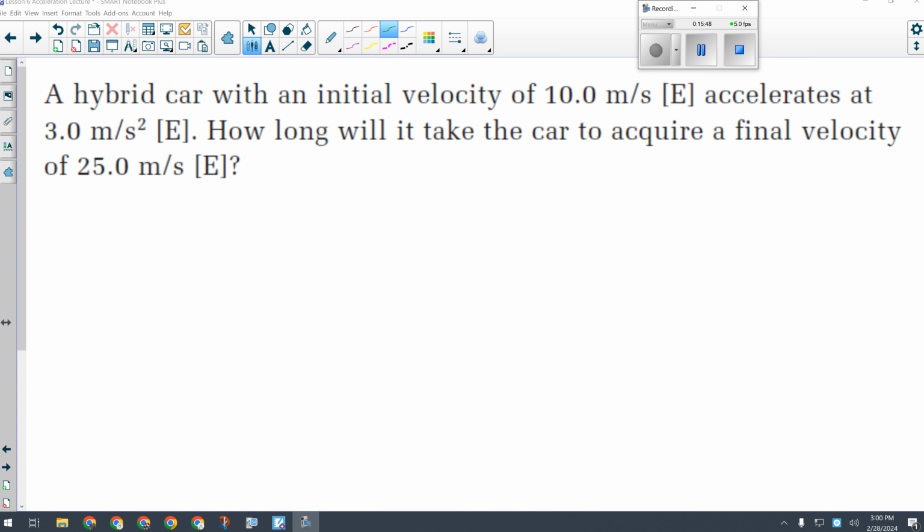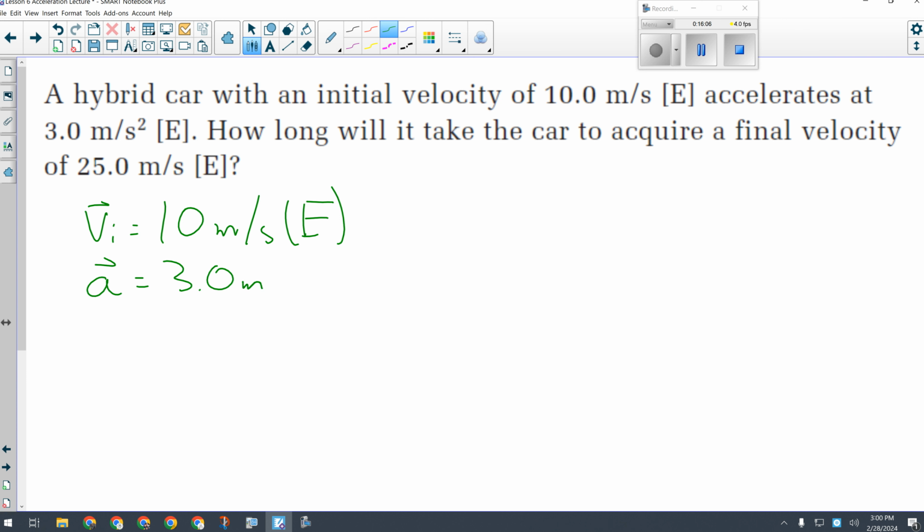So that's my first given, VI, 10 meters per second east. It accelerates at 3 meters per second squared east. There's my second given.